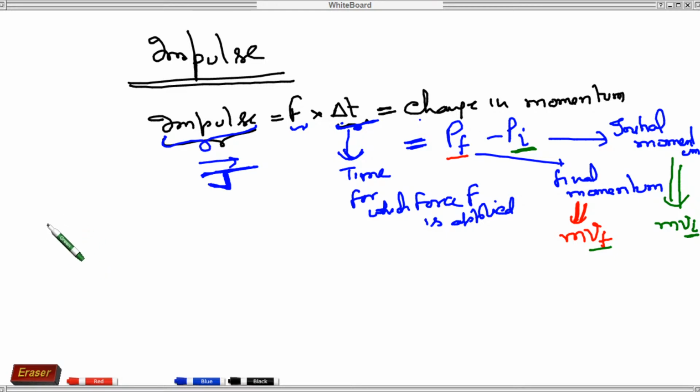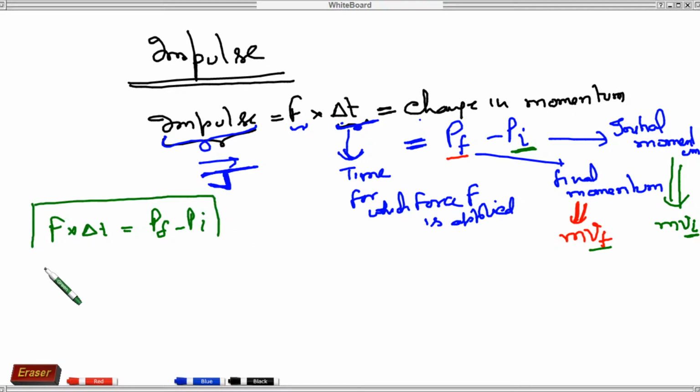Impulse is a vector quantity. This force is also a vector quantity. So in other words, you can say F into delta t is equal to Pf minus Pi.